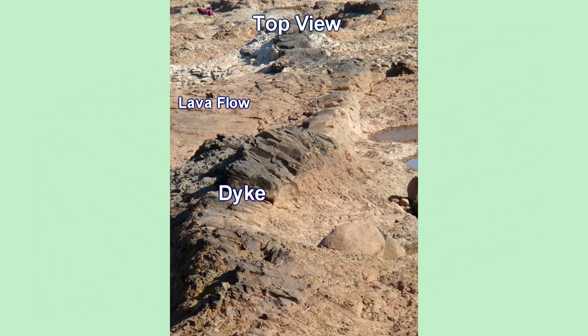If they come across a lava flow, they will cut across the lava flow. If they come across sedimentary rock, they will cut across sedimentary rocks. So, they are basically intrusions cutting across the lava flows or whatever country rock is existing in this area.